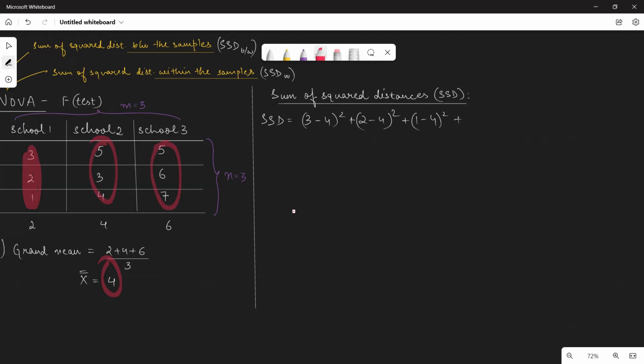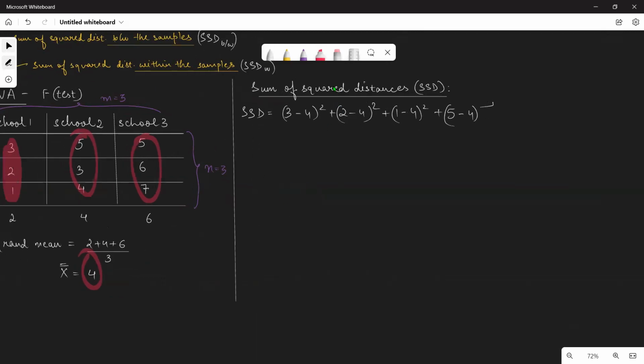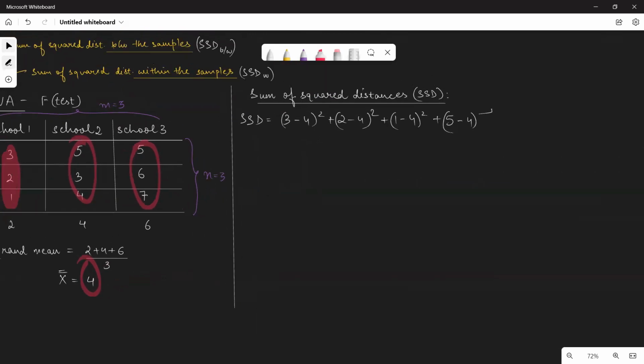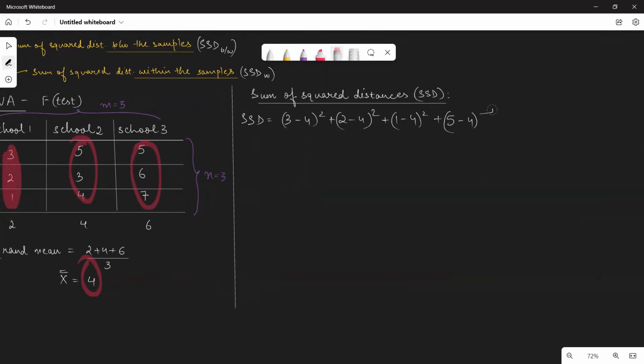Then 5 minus 4 whole square, where 4 is your grand mean obviously.